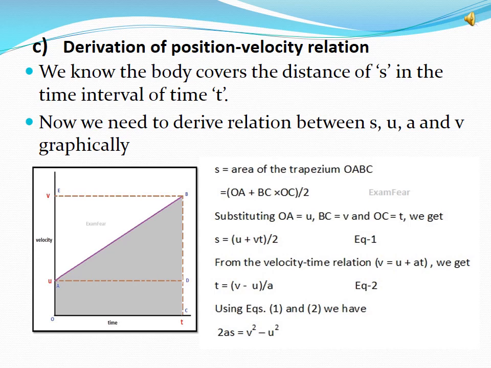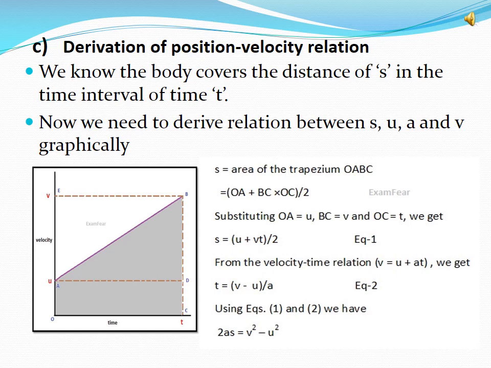Substituting these values of OA, BC and OC. Here OA is equal to u, BC is equal to v and OC is equal to t, which gives rise to s is equal to (u plus v) divided by 2 into t.